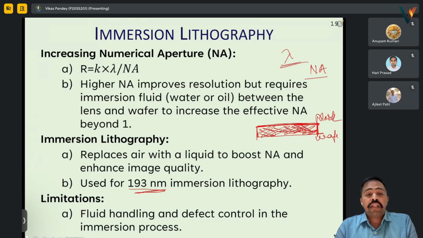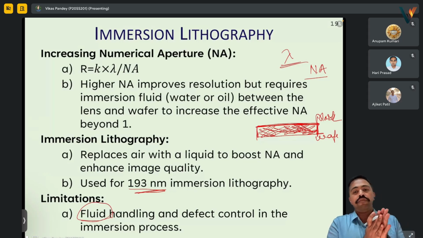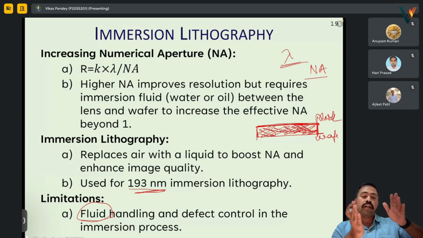But it has a problem that we have to handle this fluid, okay, as well as we already know that handling the wafer and mask itself is a cumbersome thing. Now we have to put a liquid, and that also in a very thin area.